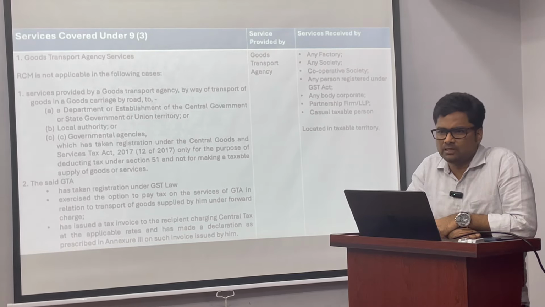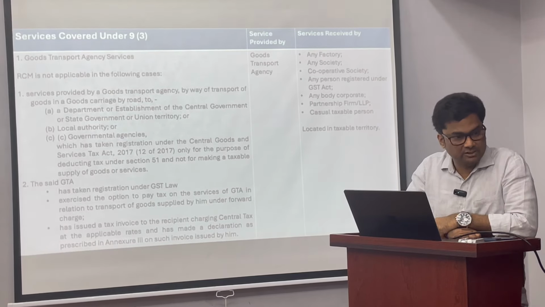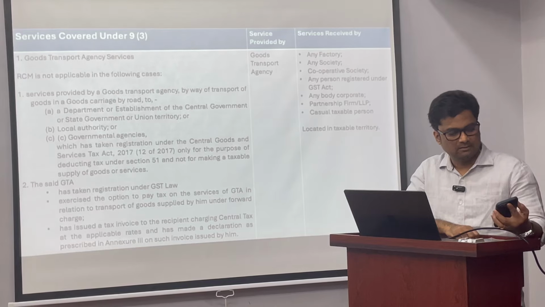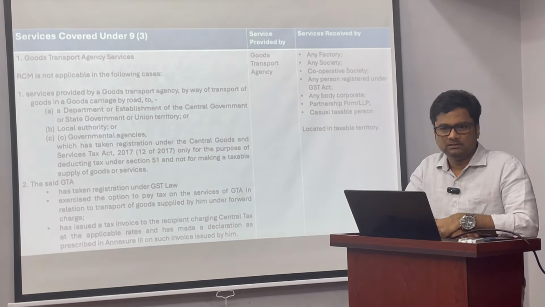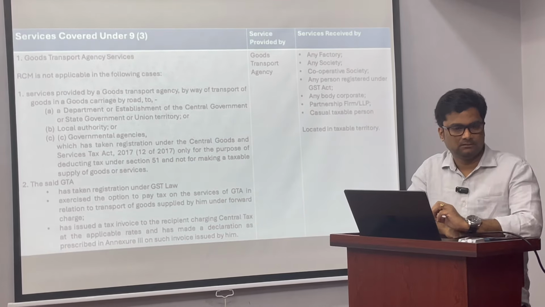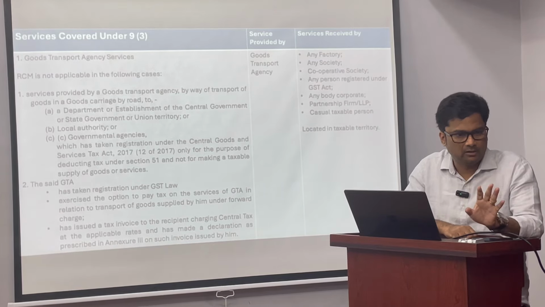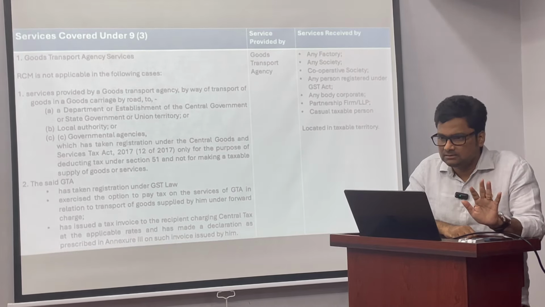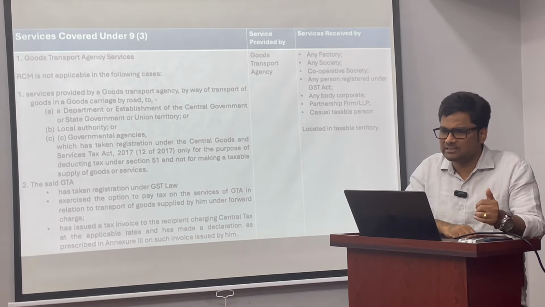What is this consignment note? See, GTA, there is a definition. So an individual truck operator or lorry operator cannot be called an agency because he will not issue a consignment note.